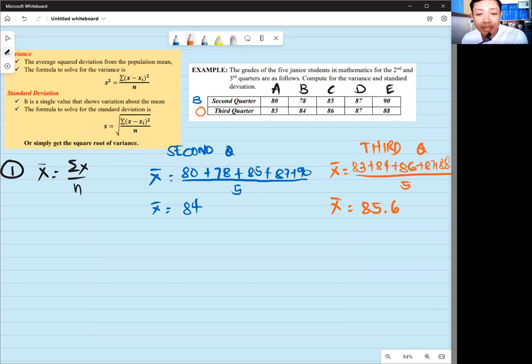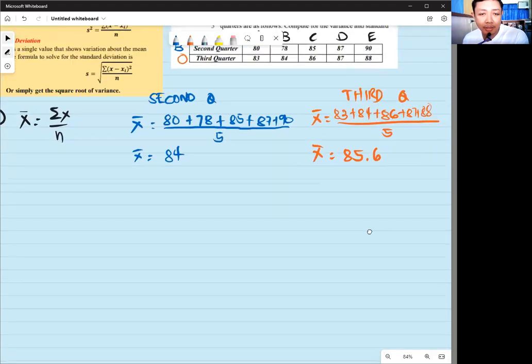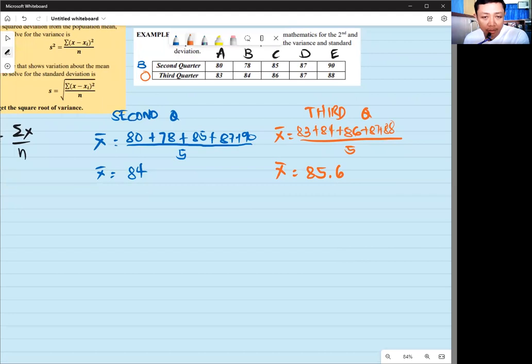Okay, now after solving for the mean, let's move on to the second step. We need to create a table and compute for the variance and the standard deviation. And how do we do this? It's simple. All we have to do is make a table. Of course, you have here the grades.